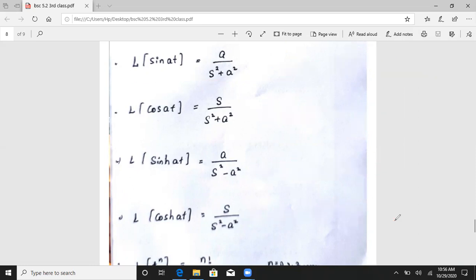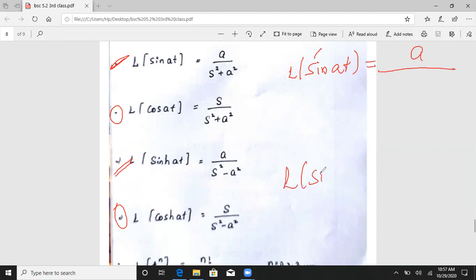Now you guys just observe these two functions, sine and cos. You will get some same functions here. The Laplace transformation of sin(at) is a divided by s square plus a square, and the Laplace transformation of sinh(at) is also a divided by s square minus a square.